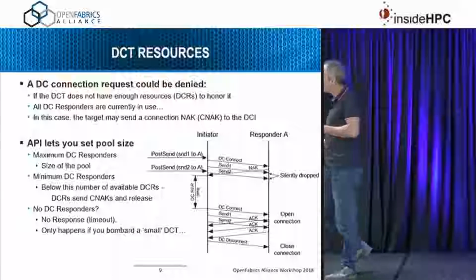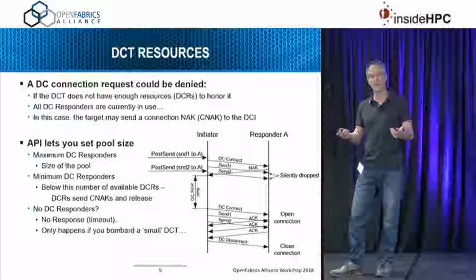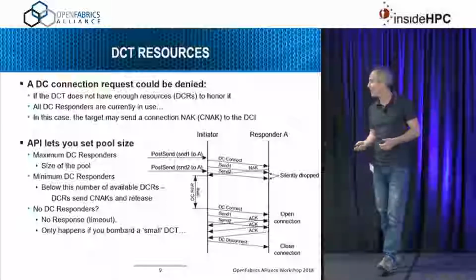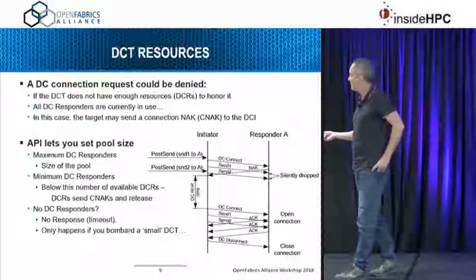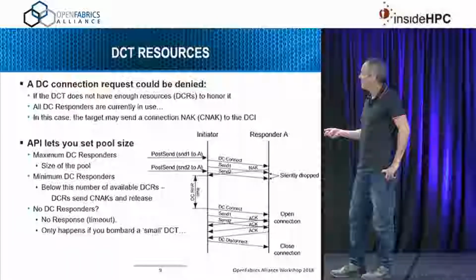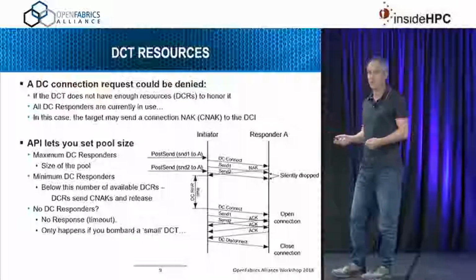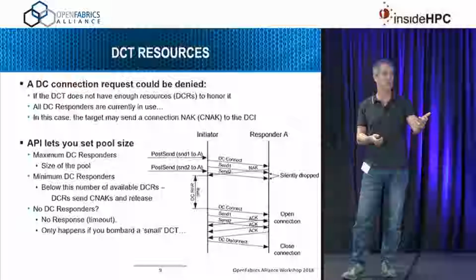DC resources, this is a lot of details about the internals of DC, how to manage the amount of responders we want to have on the DCT, on the target side. So DC has a pool of responders. If there's no responder, it means that the hardware cannot send an acknowledgement or receive the packet.